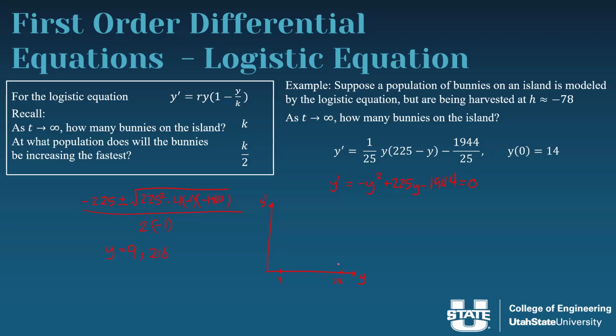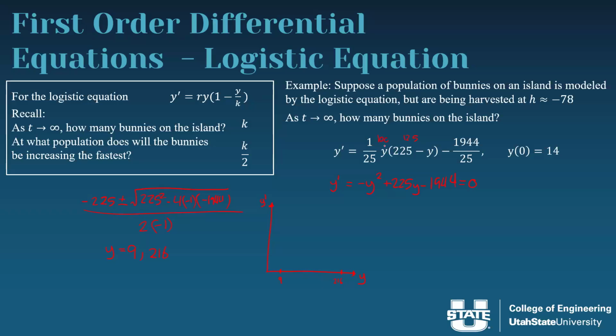We're going to pick a point in between these two numbers, plug it into our function, and see if it's positive or negative. So if I take 100 and put it in here, you can see this is going to be positive.